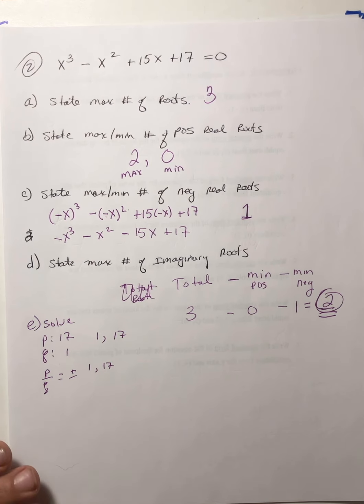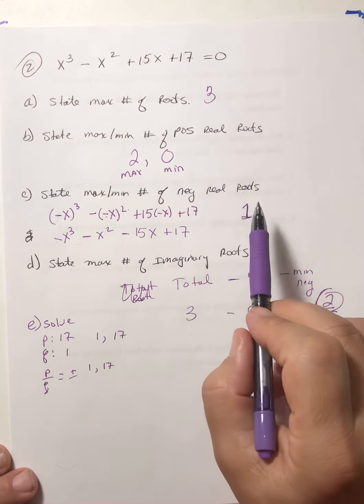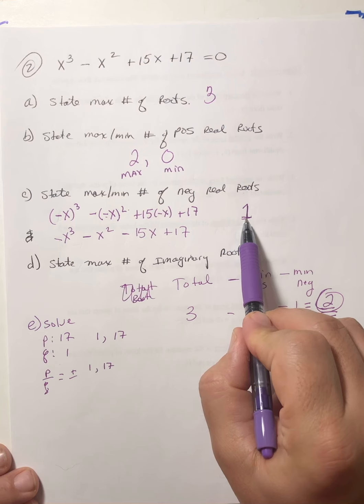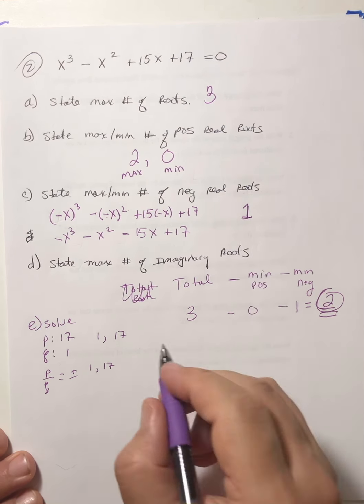Now let's try -1. Now the reason why I'm going to start with -1 is because I know there's only one negative root. If I can get -1 to work, then I'm all done.